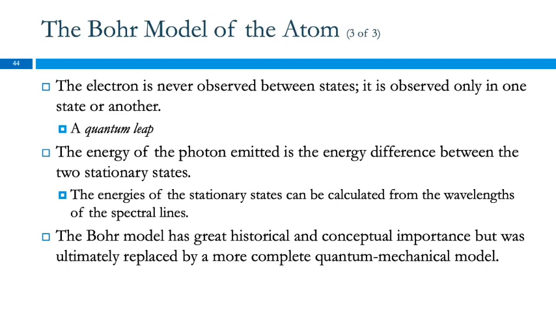So it was ultimately replaced by quantum mechanics. But we still teach you about this because the Bohr model is much easier to understand conceptually. And we can think of the atom being like the Bohr model, even as we recognize that it isn't.